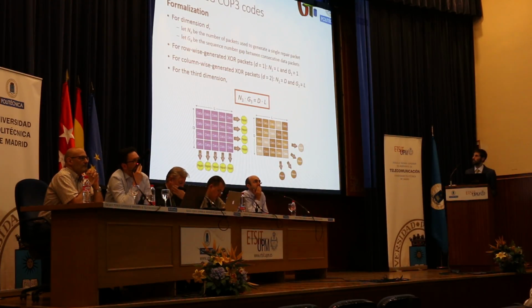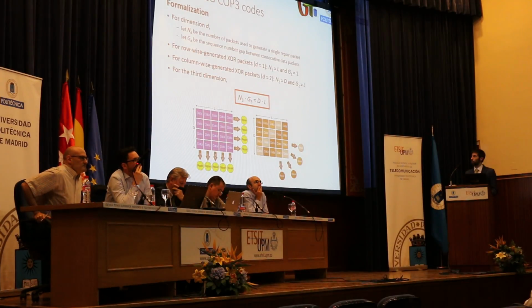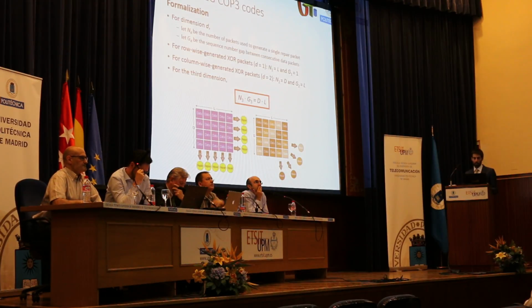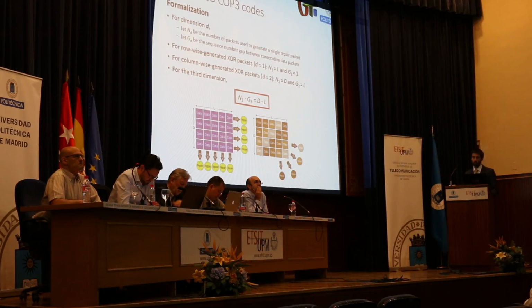For instance, in the row-wise generated case, that means n equal to L, the number of columns, and g equal to 1, as the data packets used to generate that packet are subsequent in the data stream. And for column-wise generated packets, that means n equal to D, the number of rows, and g equal to L, the number of columns.